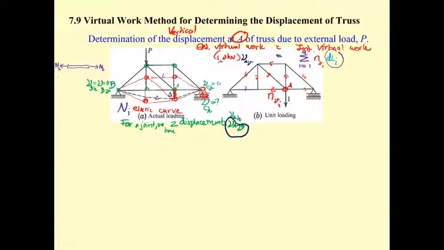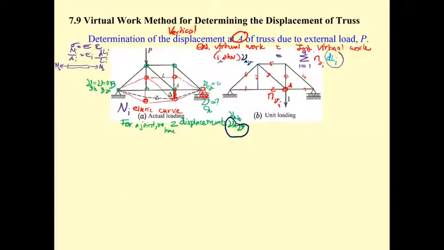And we have sigma equals E times epsilon, and n sub i over A sub i equals E sub i times dL sub i divided by L sub i. Every member has its own Hooke's law.